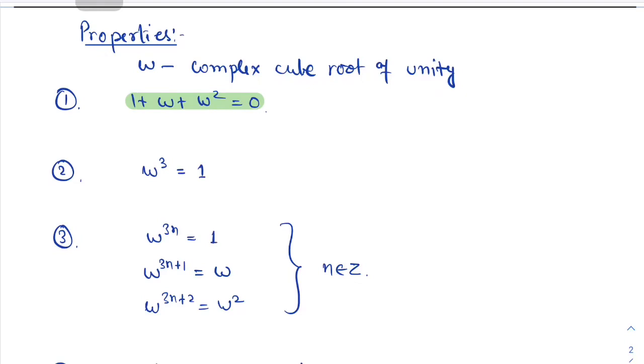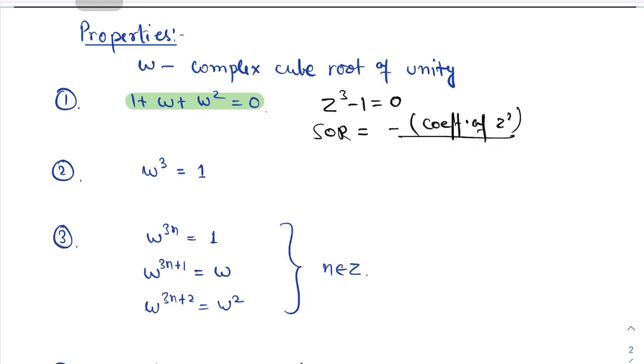Okay, these 1, omega and omega square are the roots of this polynomial equation. So if I write the sum of roots of this polynomial equation, you will write it as minus the coefficient of z square divided by the coefficient of what? Z cube. The coefficient of z square is 0.